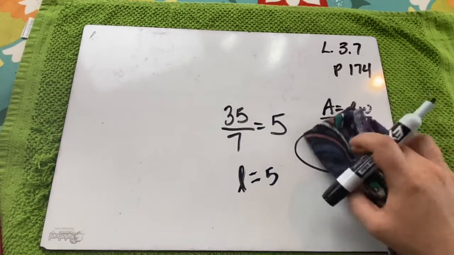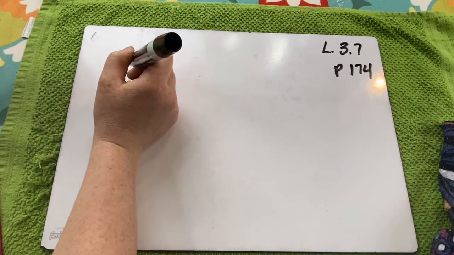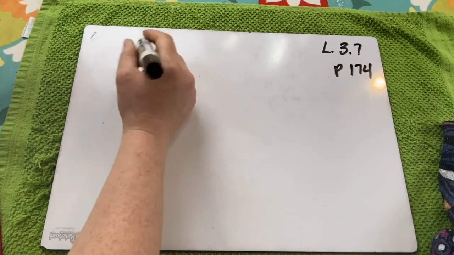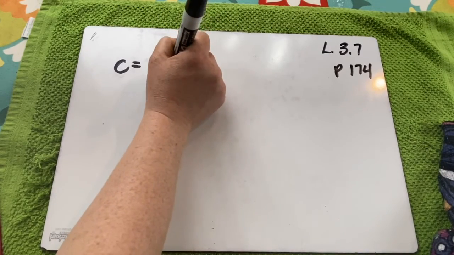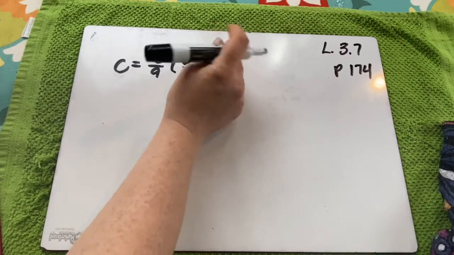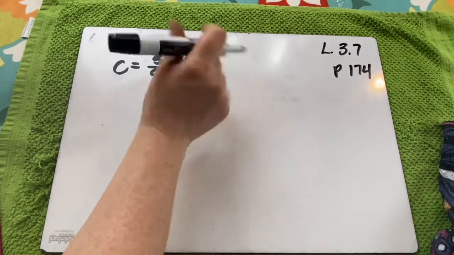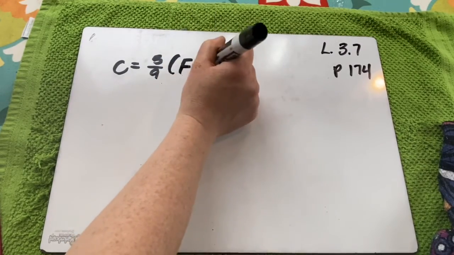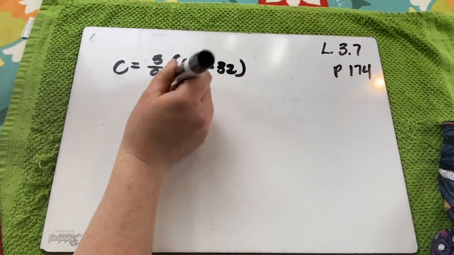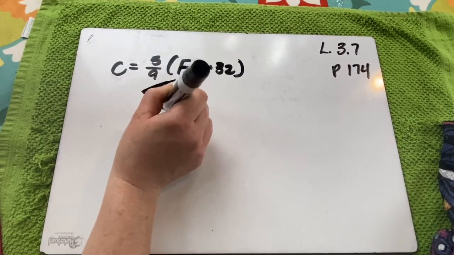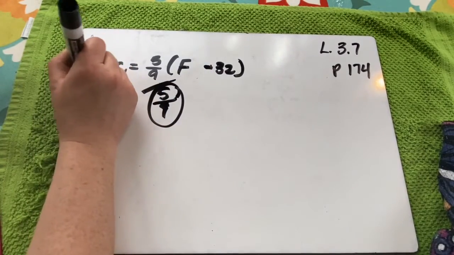Okay, now we're going to get a little bit harder. It says, solve the temperature formula for F. They have C equals 5/9 times F minus 32. You remember when we got rid of that fraction before, you're going to divide by 5/9, which means flip it, so you times by 9/5.